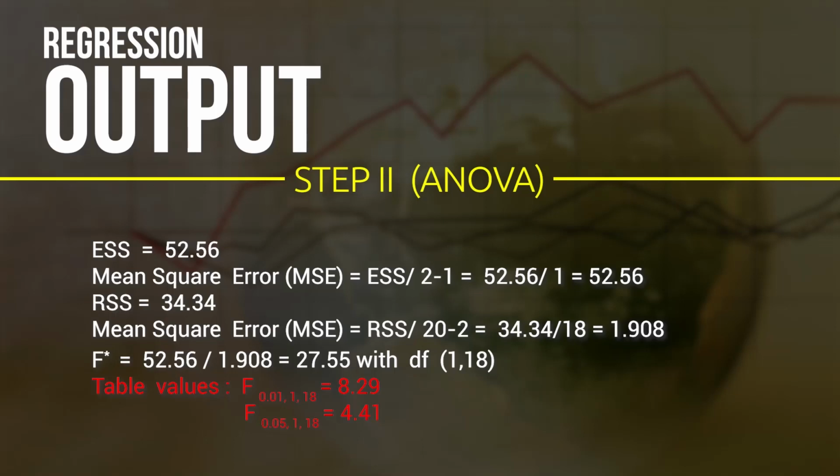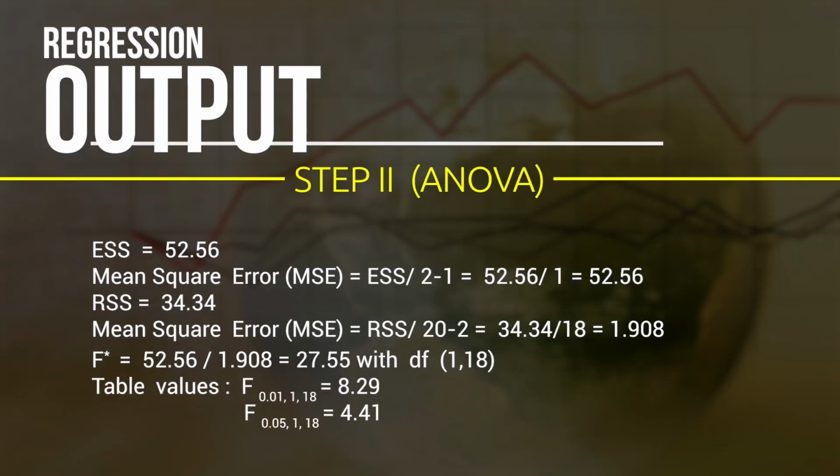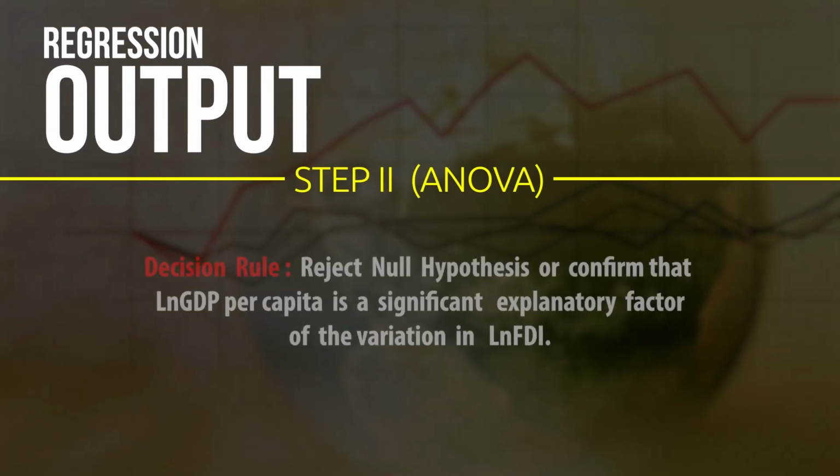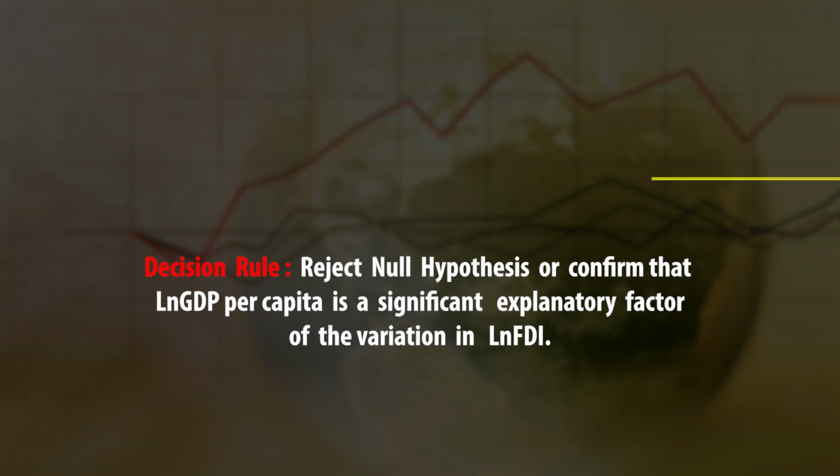So at all levels of significance, the computed F exceeds the tabulated value, F star, which rejects the null hypothesis, and we say that definitely LN GDP per capita is a significant factor in explaining the variation in LN FDI, and it is significantly affecting LN FDI, and so the overall significance of the model is there.